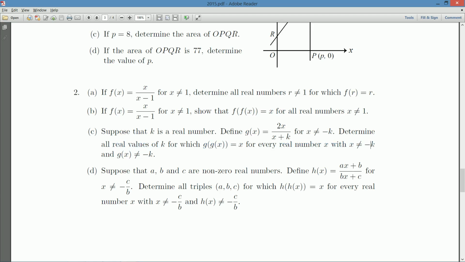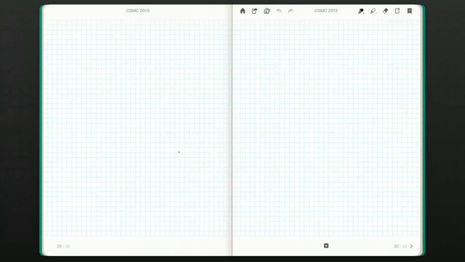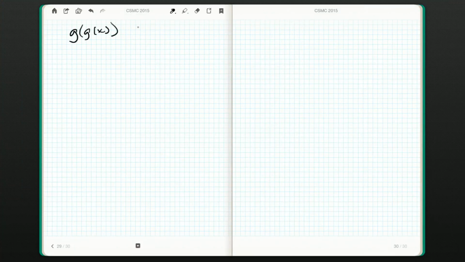Well, I know what g of x is in terms of x and k. So then I should be able to figure out what g of g of x is, set that equal to x, and see if I can work out the values of k that work there. So we want this property to be true. Let's just expand and simplify the left-hand side.